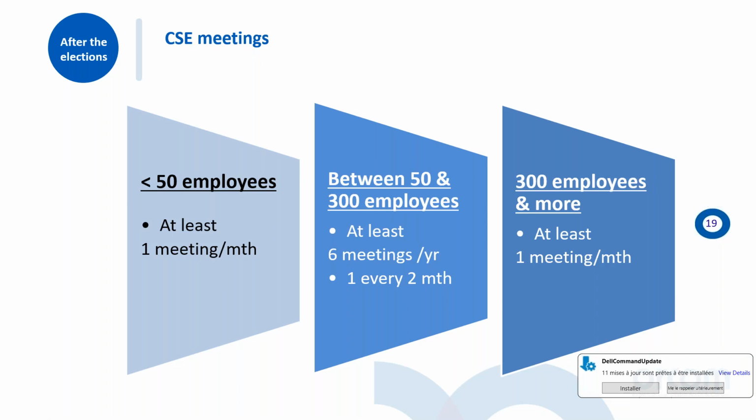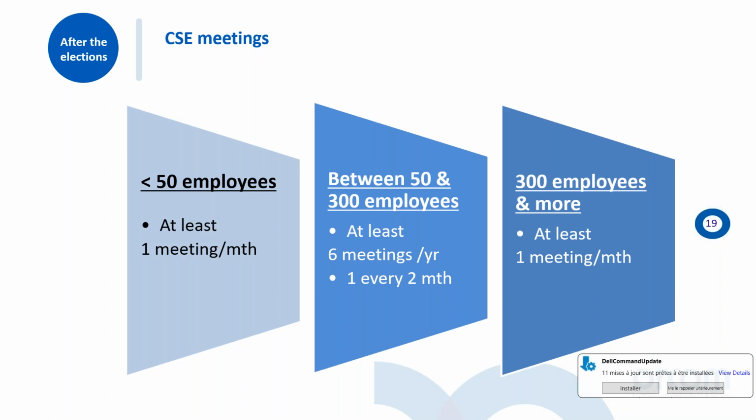So here you have a sum up of the rules regarding the meetings. Depending on the headcount, companies under 50 employees should have at least one meeting per month. So the CSE and the employer have to meet at least once a month.